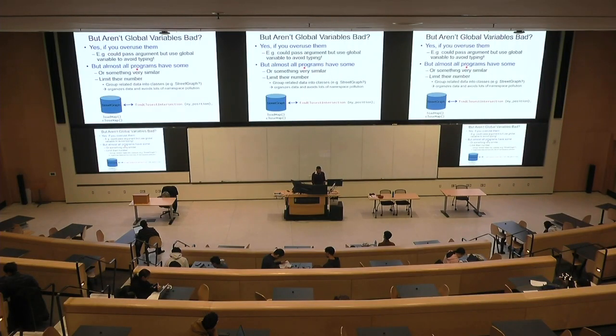So I can call it, for example, street graph, and then organize the data and avoid lots of global variables. So once we call the load map, we are creating this street graph. You can call it whatever you want. And then this street graph is global. It's known to the whole program. So even the unit test can have access to that data. So once you call that function in the unit test, we know that we're going to get the right data that you loaded.